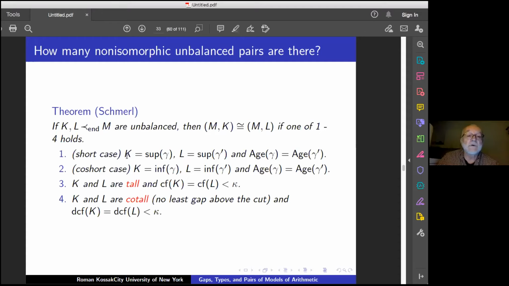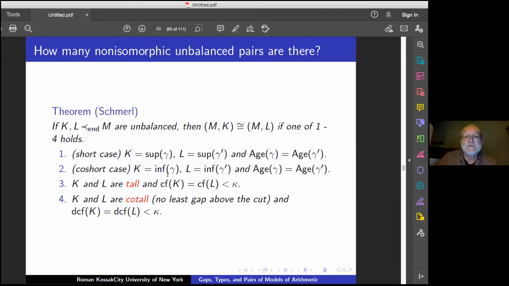The short case: if both K and L are short, and that means that they are suprema of gaps, each of them has the largest gap in it, and if the collection of complete types realized in the gap gamma is exactly the same as the types realized in gamma prime, well, that clearly gives you isomorphic pairs.